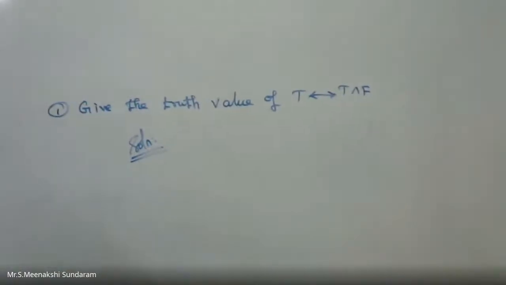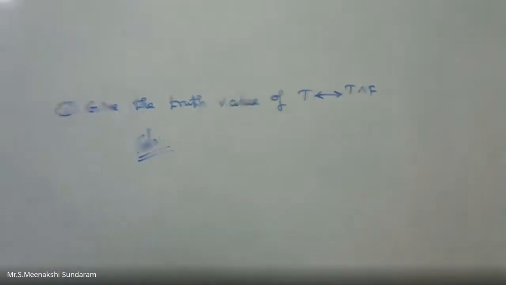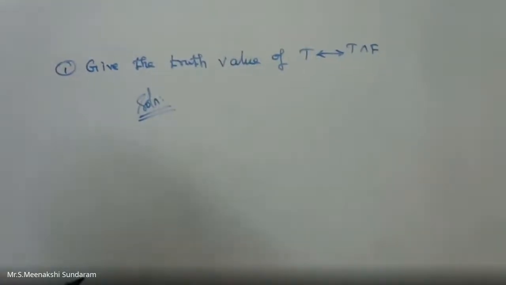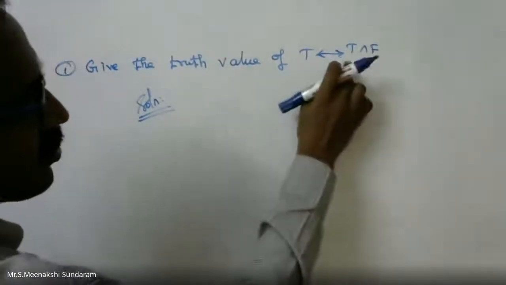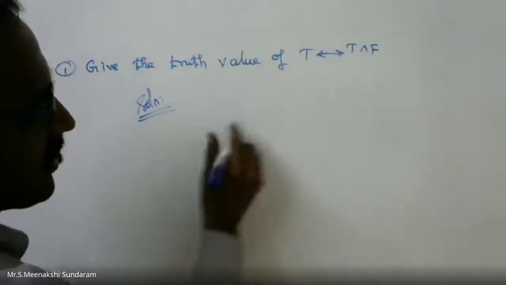Okay, I would like to take the left hand side. Is the board visible to all of you? Yes, sir. Give the truth value of T biconditional T conjunction F, true and false. T for true, F for false.